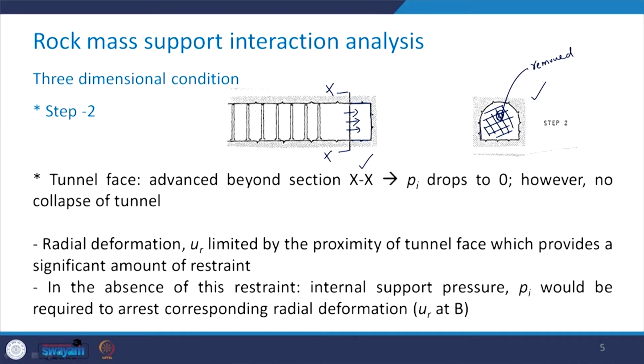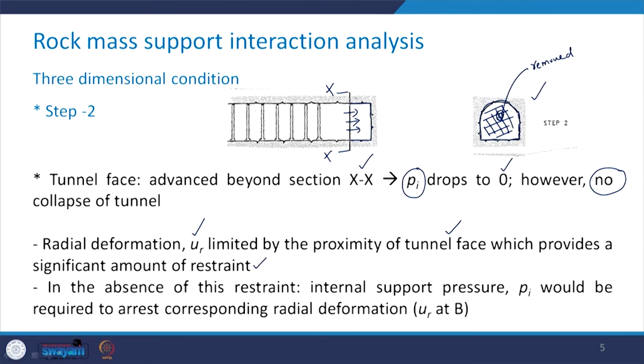So, this boundary becomes a stress-free boundary and therefore the internal pressure Pi drops to 0. However, there is no collapse of the tunnel. This radial deformation UR will be limited by the proximity of the tunnel face, which provides a significant amount of restraint.